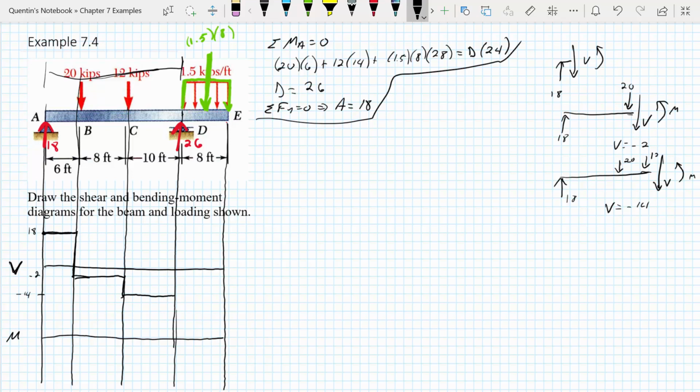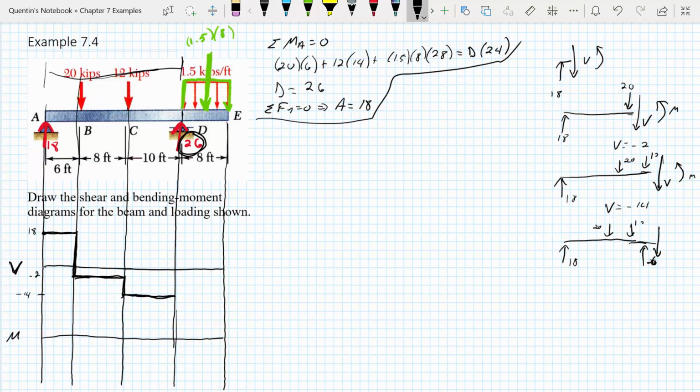Okay, so now we have 18, drops there, comes across here, drops, comes across here. And now it has a distributed load, but it also has this 26 pounds, so it has to go up by 26. Again, it's the same basic logic: 18, 20, 12, 26.